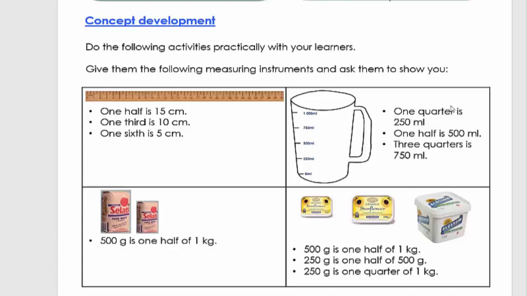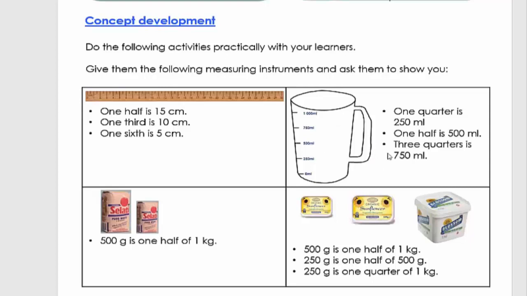And we're going to say 1/4 is 250 milliliters, because we divided the jug into 4 and we saw it's 250 milliliters. The next question is, what is 1/2 of a liter? So 1/2 of a liter is 500 milliliters.